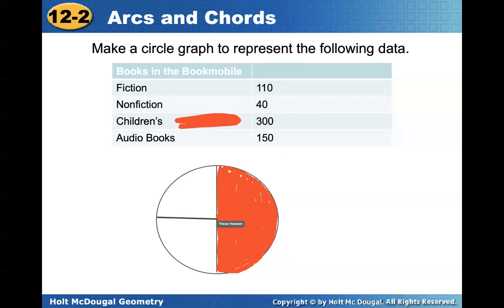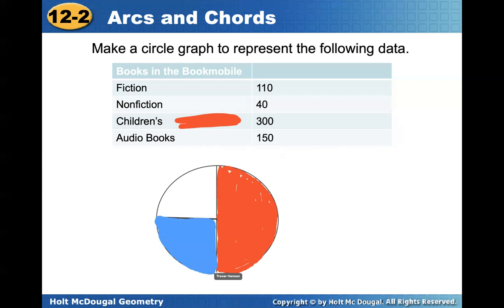And the audiobooks is 25%. Don't mind my artistic abilities here. Just coloring it as fast as I can here.